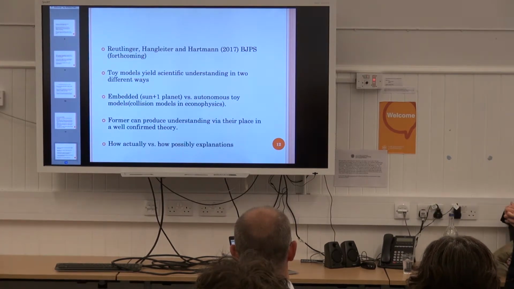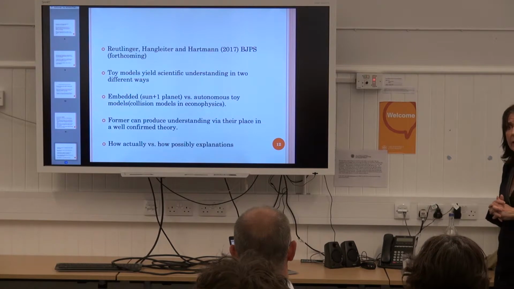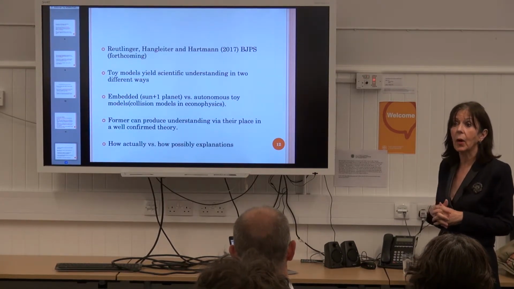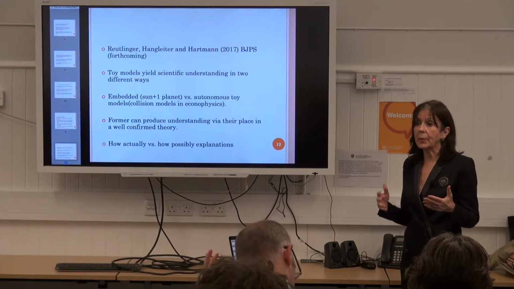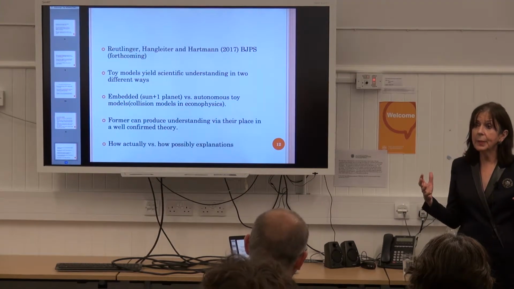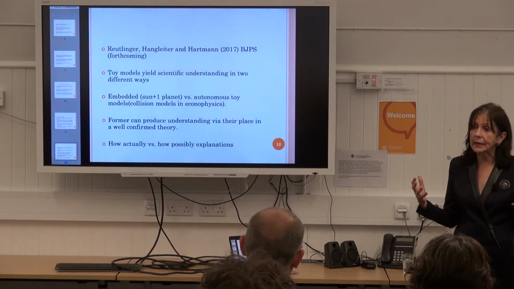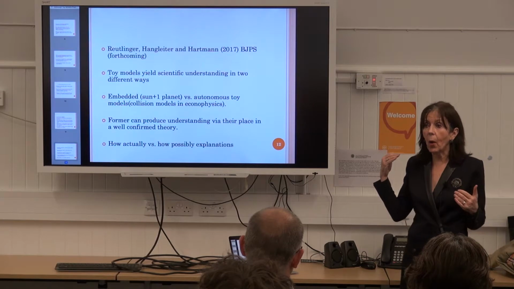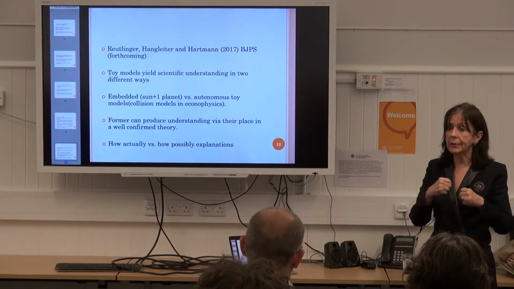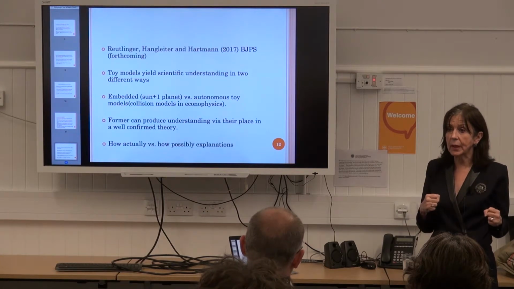And their example of an autonomous toy model is a collision model that's used in econophysics. So the idea here is that agents, economic agents, behave exactly like molecules in a gas. That is, they have no desires, no intelligence, and they just run around in random motion, like molecules.